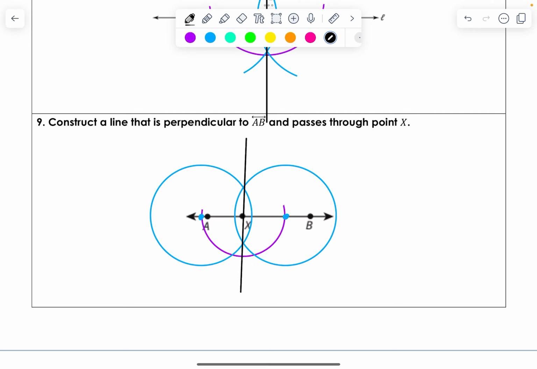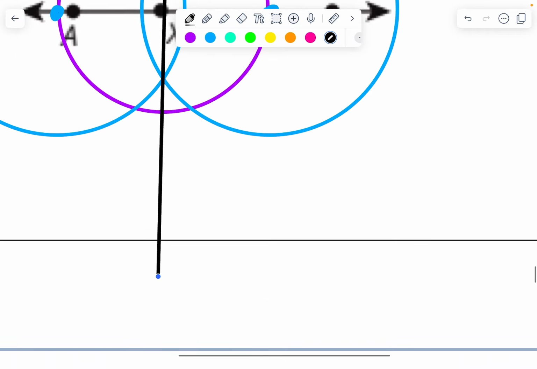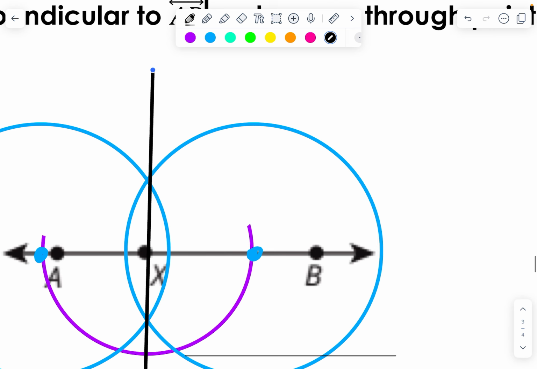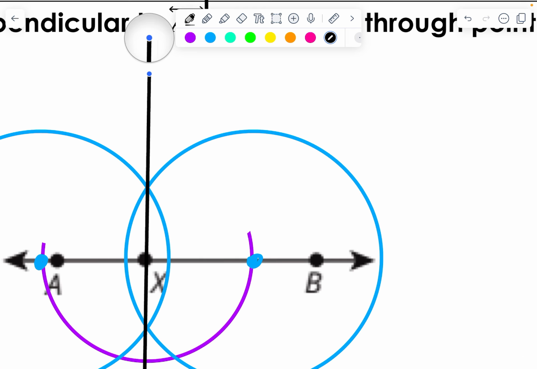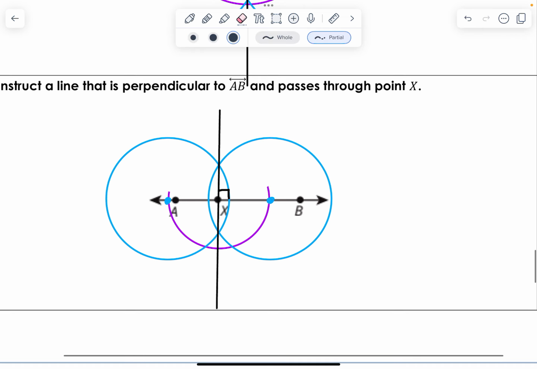Okay, it's a little bit off over here. All right, I'm gonna call it there. Okay, and again, you could use the full circle or just the arcs like we've been doing.